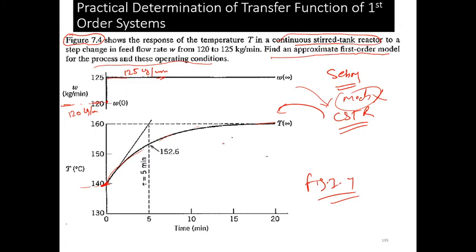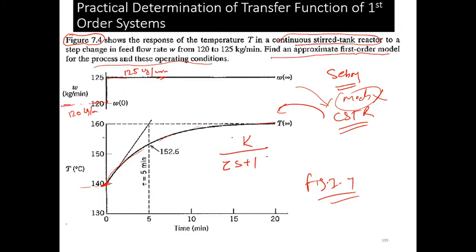What should be the model of the system? The CSTR is obviously a first order system. So for the first order system, you have to calculate the value of K and tau.